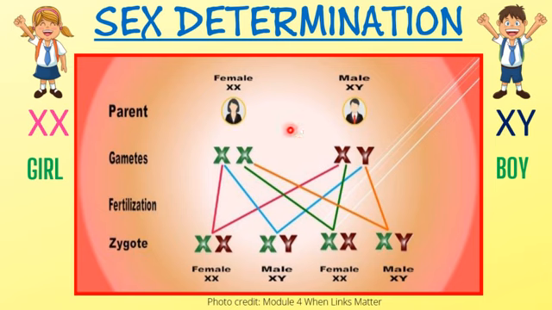So take note that this is only a chance. I just gave you the idea of how we are going to get the percentage of having a boy or a girl in one family. So one zygote can be an XX or can be an XY, depending upon what kind of chromosome the father fertilizes. Okay?